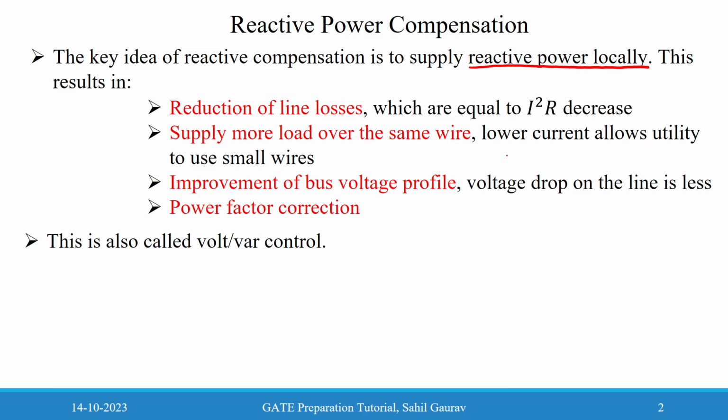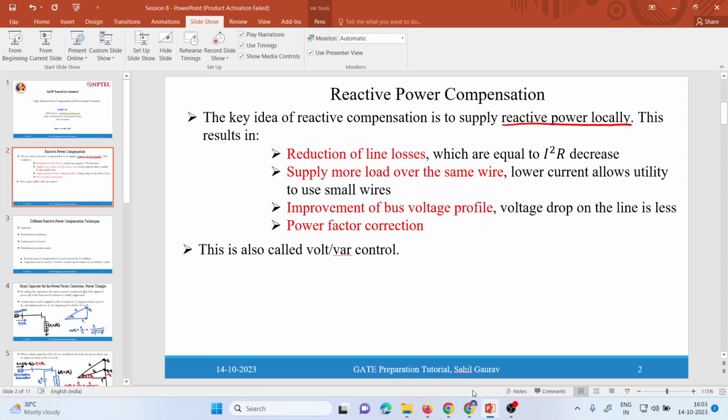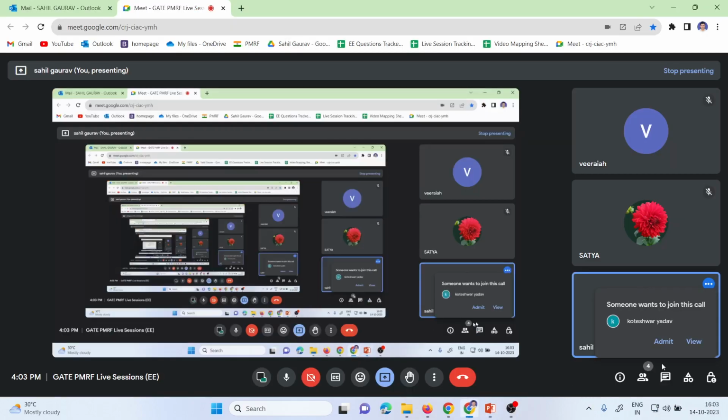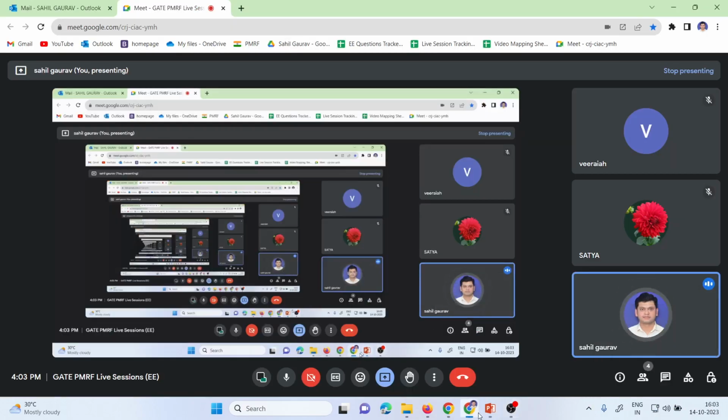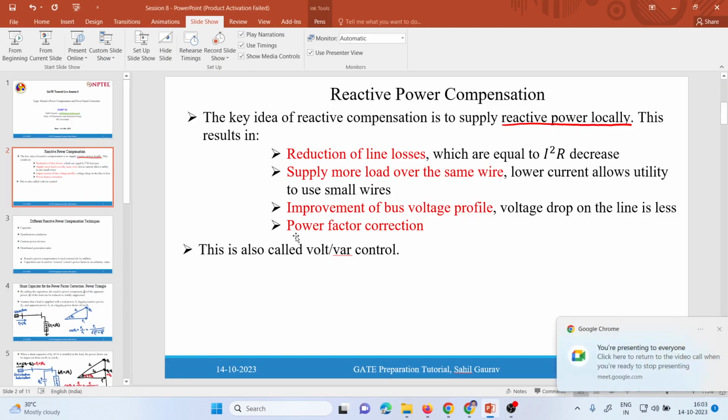As we are not drawing this reactive power from the source side, we are giving the reactive power at the load end. This allows the utility to supply more power from their side, from the same wire. This leads to lower current, allowing it to use smaller wires also.